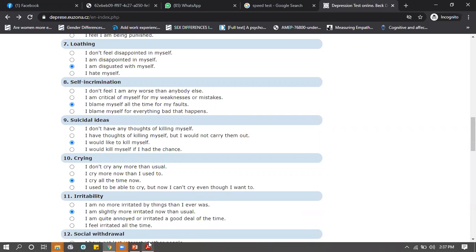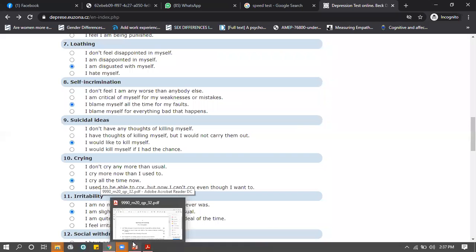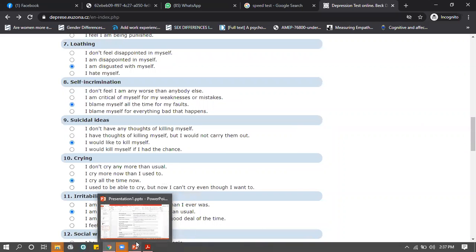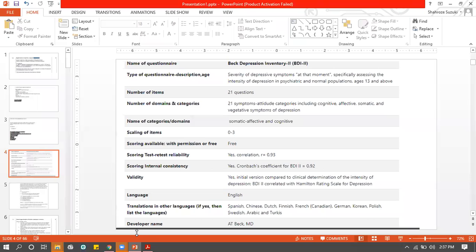If I get the same score, then my test-retest reliability is going to be high, meaning I'm going to get consistent responses. If you say that the Beck Depression Inventory has high test-retest reliability, but you don't mention the value, that's 0.93, you're not going to get full marks. So you should mention 0.93 if you're going to use the word test-retest reliability.